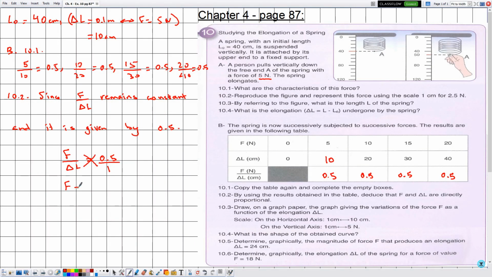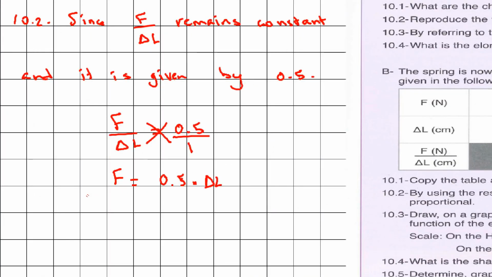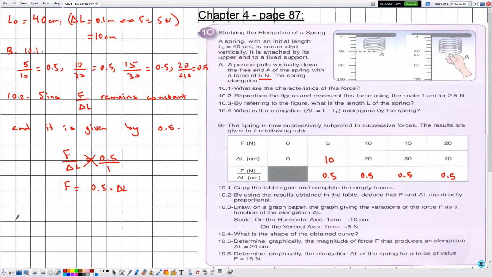Then F is equal to 0.5 multiplied by delta L. So notice that here F and delta L, both of them are above on the same side. So in this case, they are directly proportional. Then F and delta L are directly proportional.